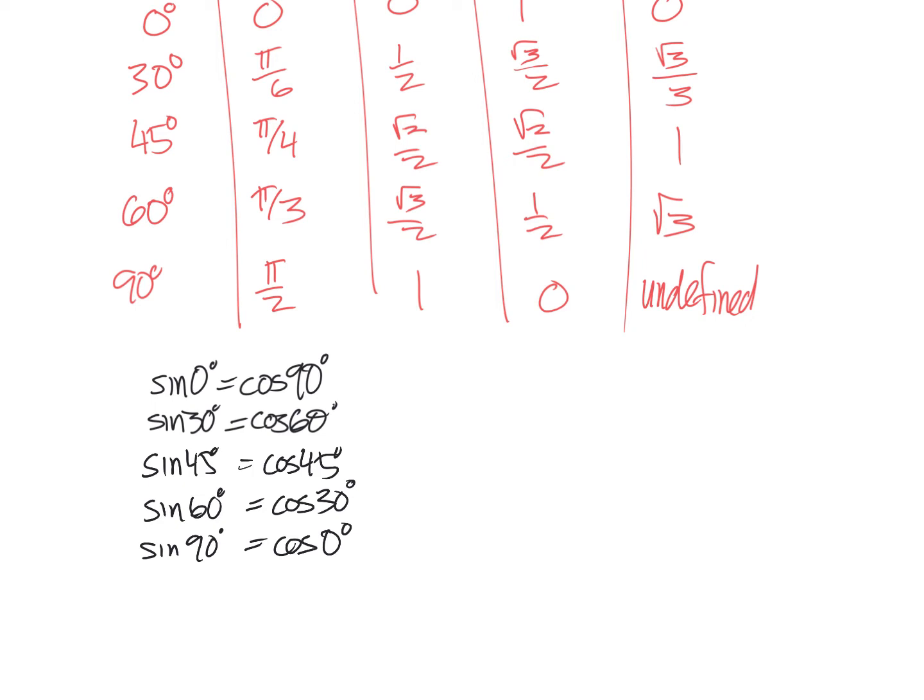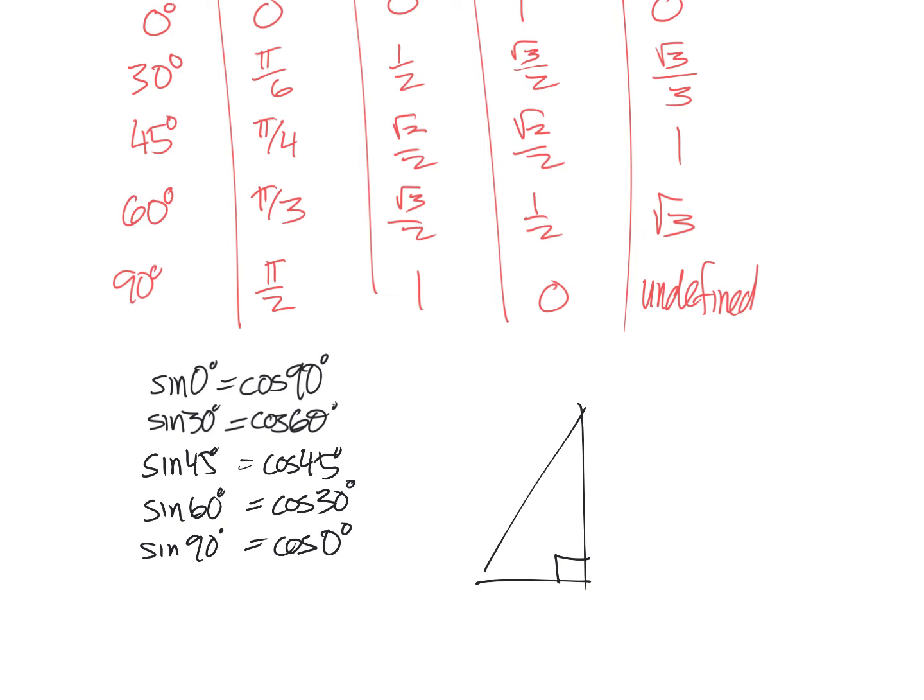Now, the three angles in a triangle sum to 180 degrees or pi radians. So looking at a right triangle, we already know that one of the angles is going to be 90.